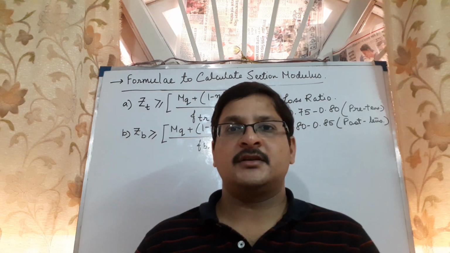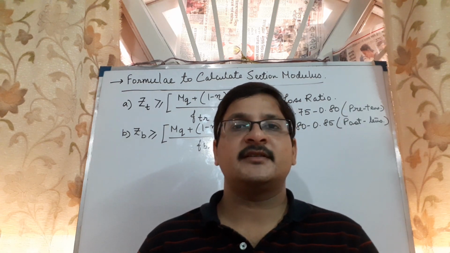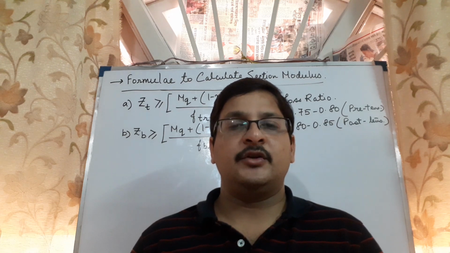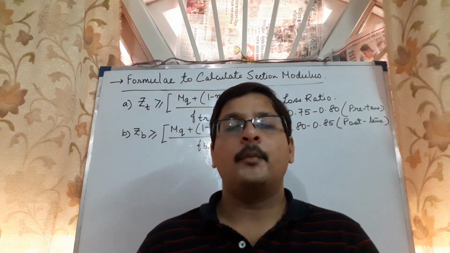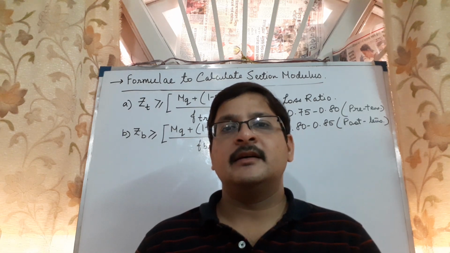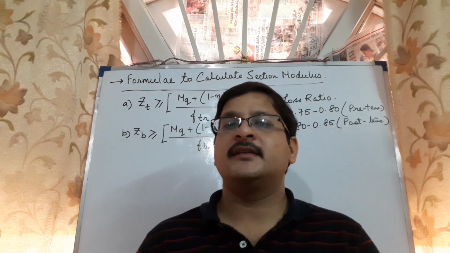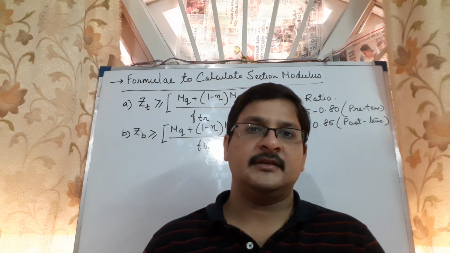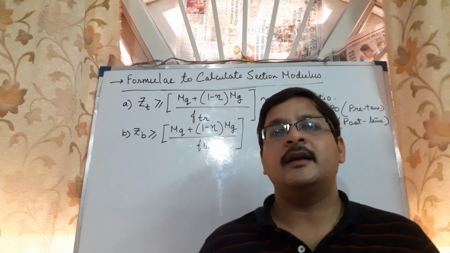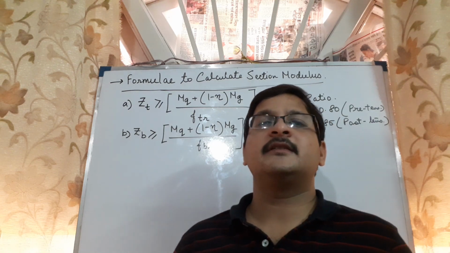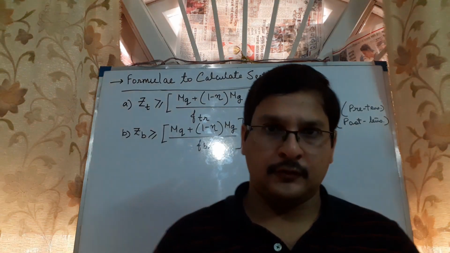First critical combination is the maximum prestressing force during transfer along with minimum moments, and the second is minimum prestressing force after the losses with maximum moments. So now our next phase of this topic is prestressing force.